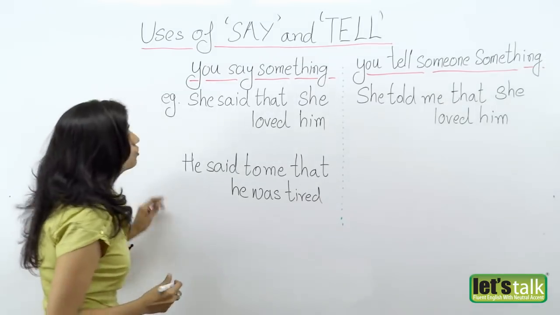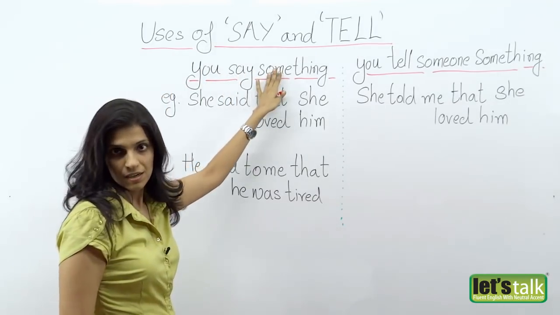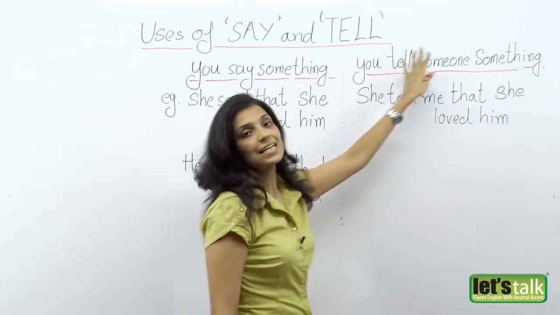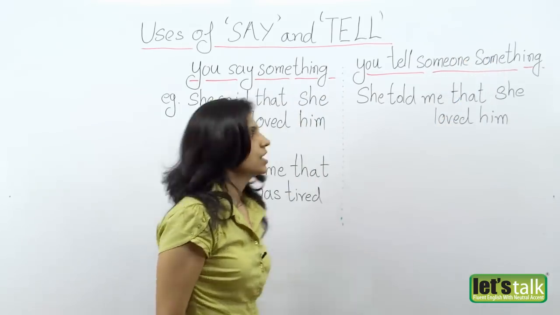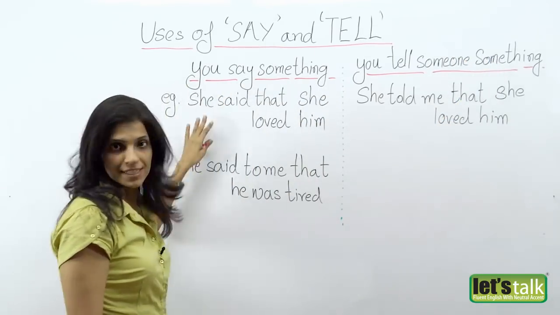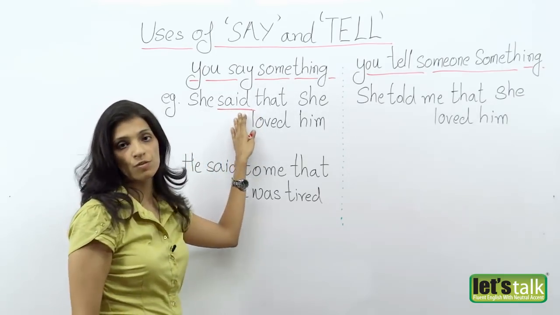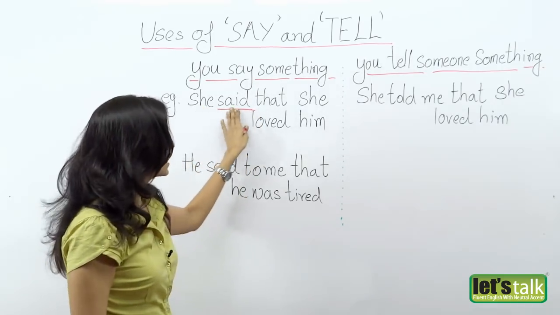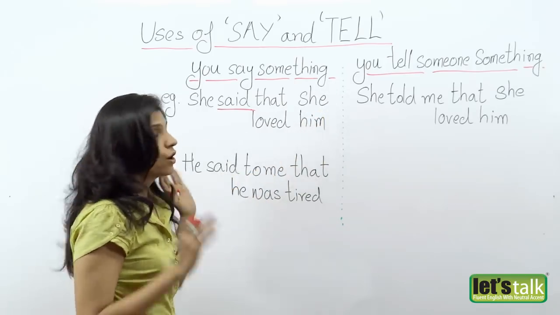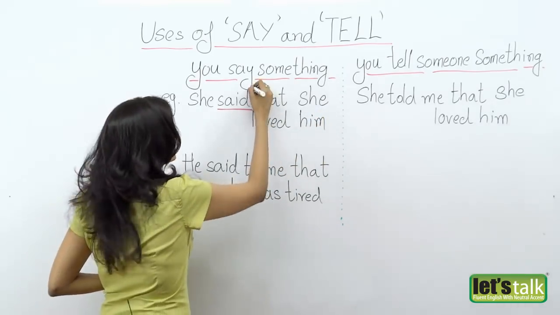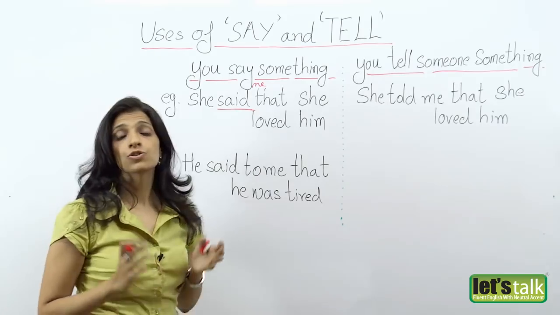You say something, or you tell someone something. So when you say something, for example, she said, this is the past form of say, said. So she said that she loved him. A lot of people get confused and say she said me, which is wrong.